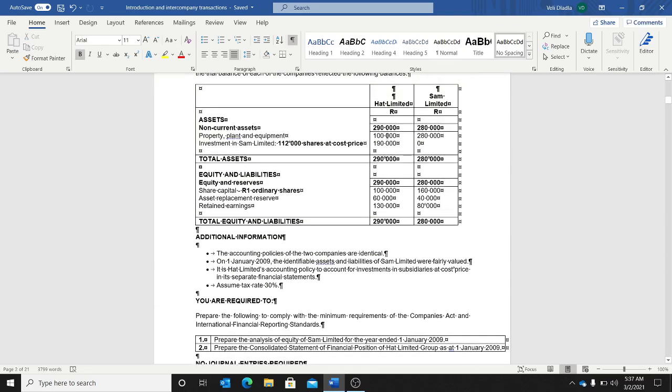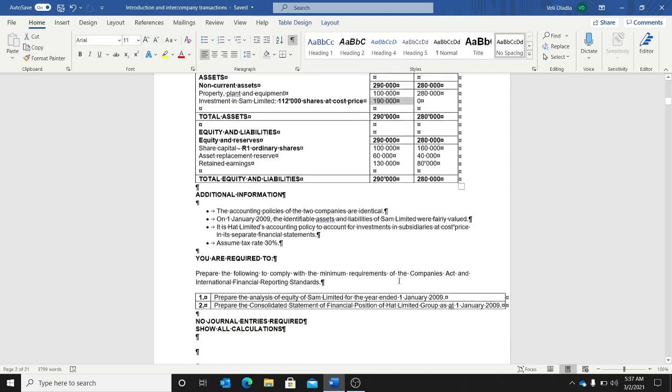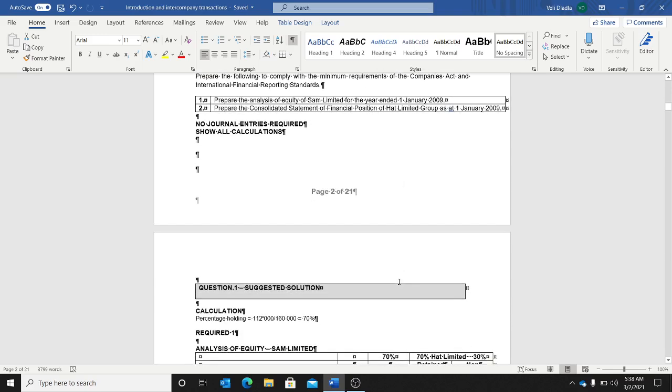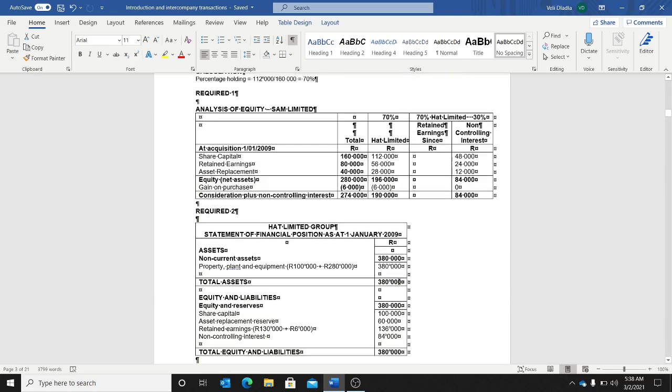You say, how much is this investment? 190, you see? It's 190, this investment at cost. Now, the question will be, how much did you pay here? I paid 190 as HAT for something that is 196. Now, if you pay less for something, they've paid 190, but this thing that they're paying for is at 196.